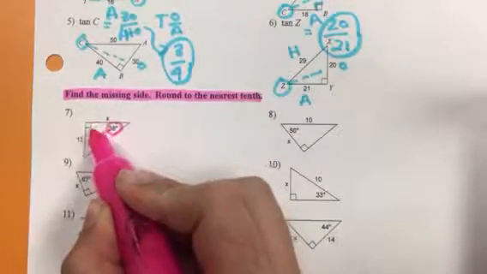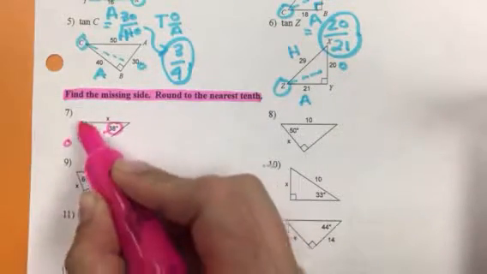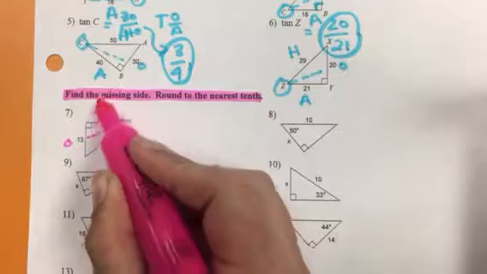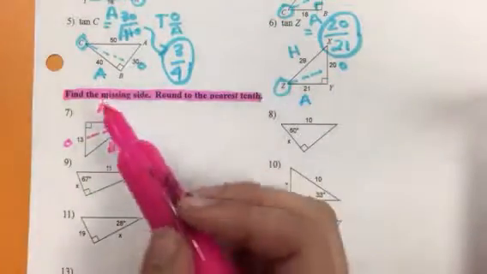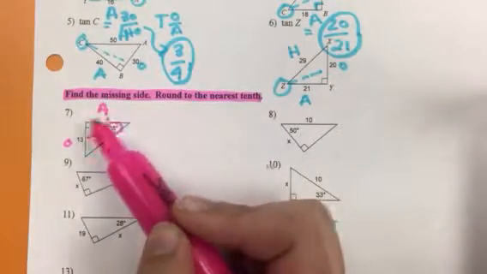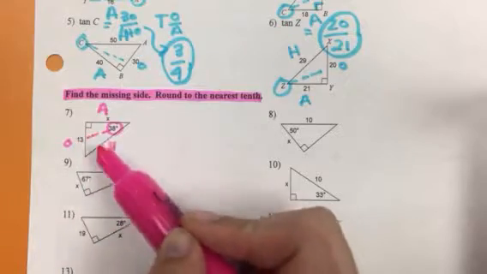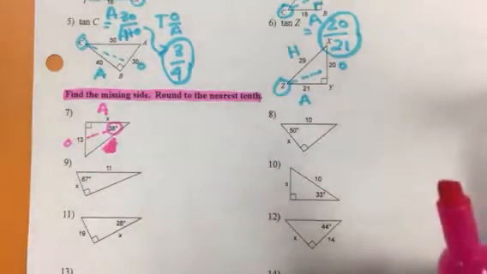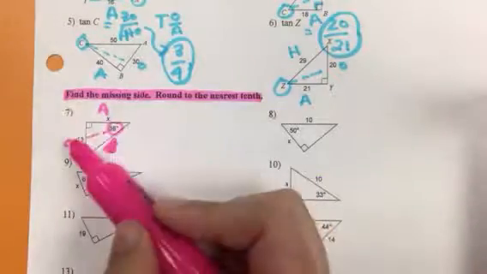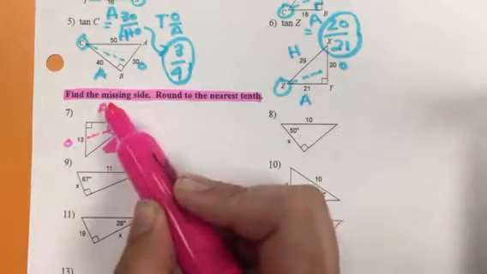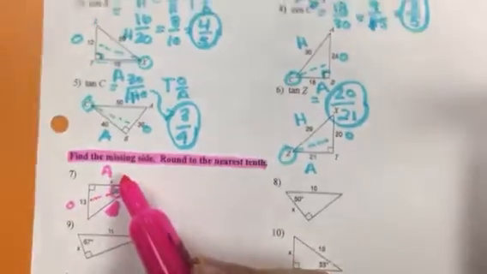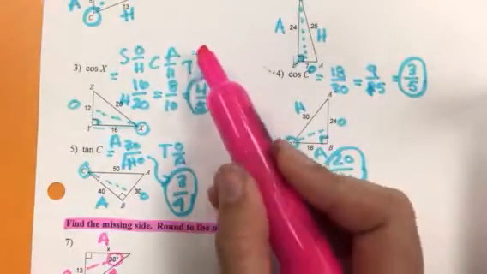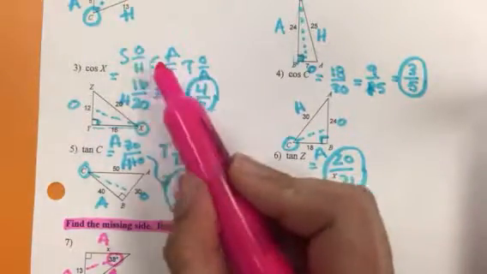If I label the sides, I'd have O, H, and A. Notice A has an X on it, O has a 13, but H has nothing. That means you do not need the H. Because you're only given O and A, you are going to use the TOA part from SOHCAHTOA.